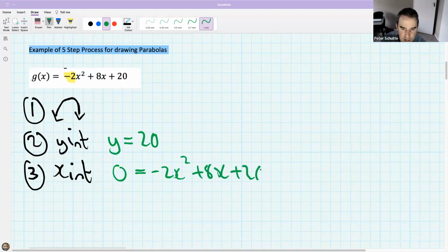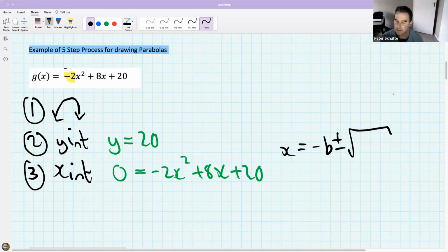Now, I want you guys to find me the x-intercepts, which are the solutions to this equation. I want you to take a moment to do it and then put your answers in the chat. Now, there's a couple of ways you can do it. I suspect most of you would use the formula, but I want to give you a chance to do it and then put your answers into the chat for the x-intercepts.